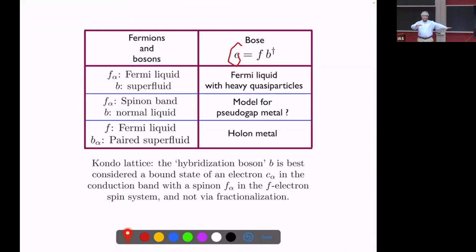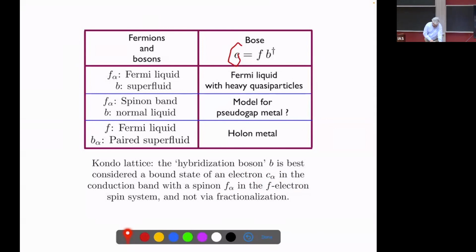So there's fractionalization of the spins, but the conduction electrons don't fractionalize. And this hybridization boson is really a bound state. It's not the splitting of anything, it's the bound state of a spinon of the spin band, or the F electron band, and the electron in the conduction band. Okay, and again, this is something I probably will say something about in the latter part of the course.